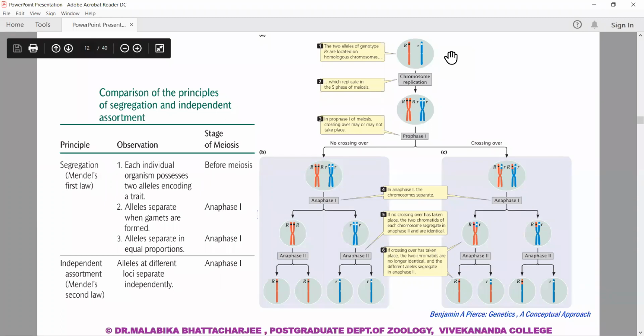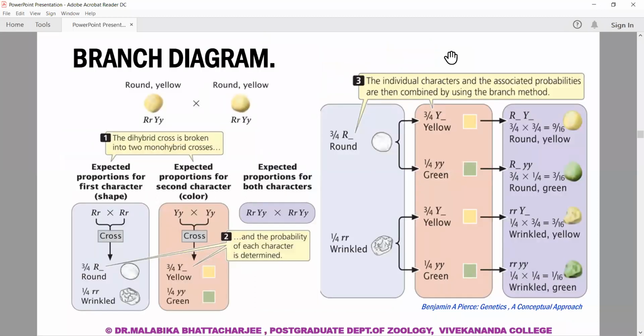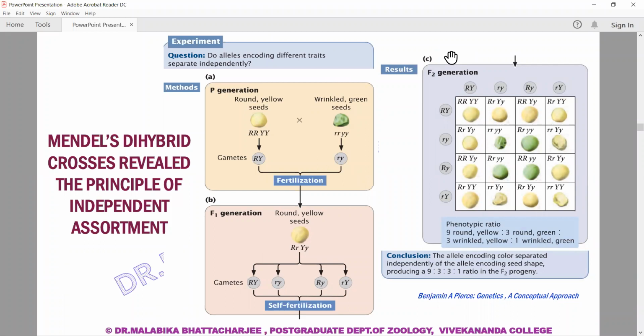Next, what Mendel did was the dihybrid cross. So when we speak about Mendel's dihybrid cross, what's the difference? Two characters are taken into consideration. When we did the monohybrid cross, the character was round and wrinkled.